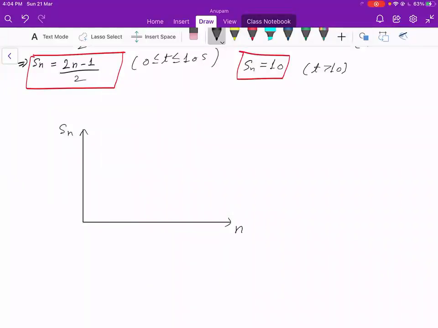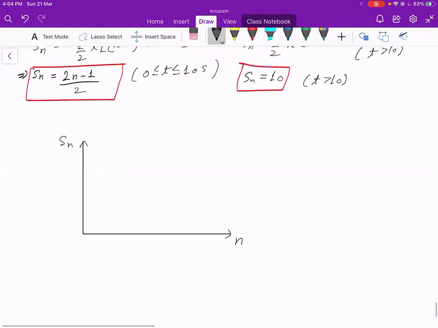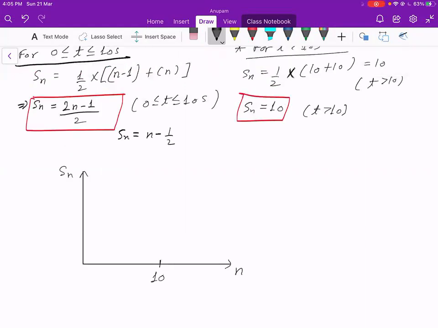Going by the formula, Sn is 2n minus 1 by 2. That is the expression for 0 to 10. So let us divide it into two parts. One is up to n equal to 10, and then beyond there will be a different approach. If I simplify this, Sn equals n minus half.